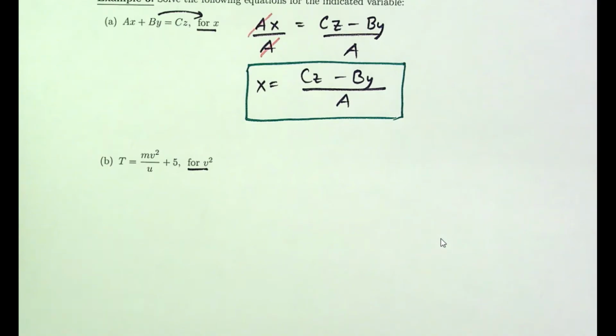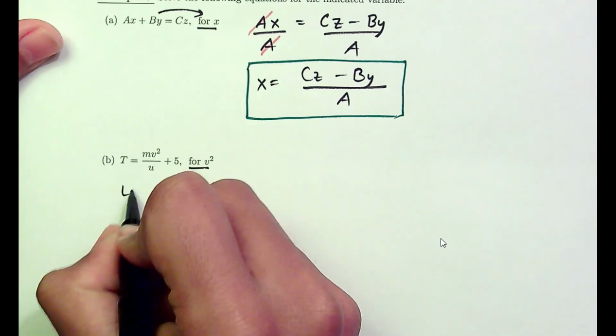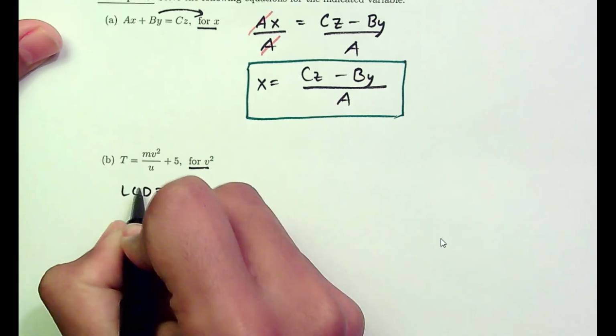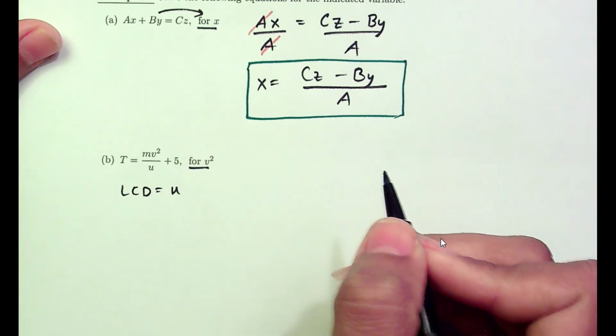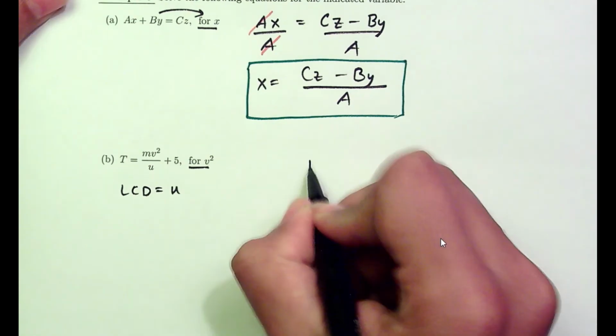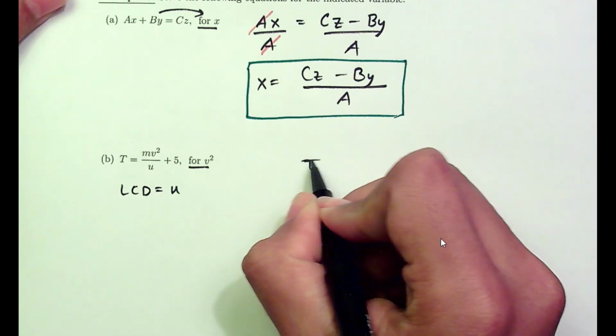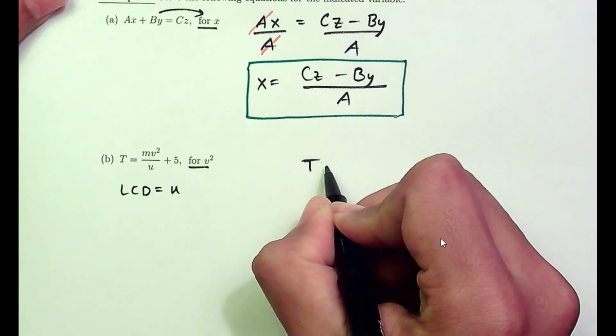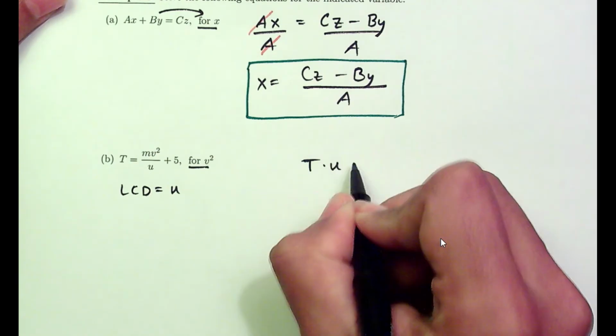The way you get rid of them is by finding the least common denominator of all the fractions that you see and multiplying by that throughout. In this case, there's only one single fraction, so the LCD is just that denominator, u. So we multiply the entire equation, everything in it, by u. The left becomes t times u.